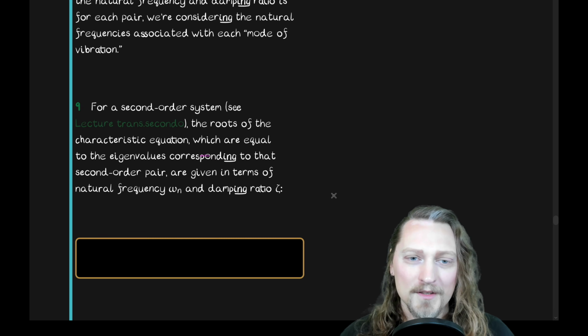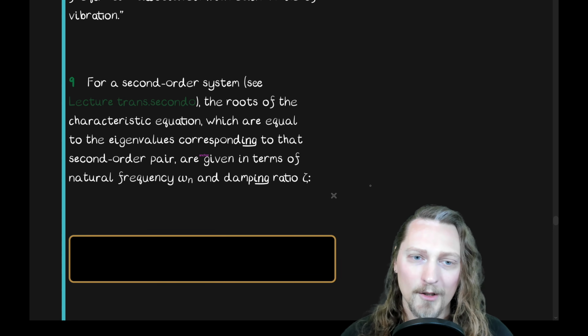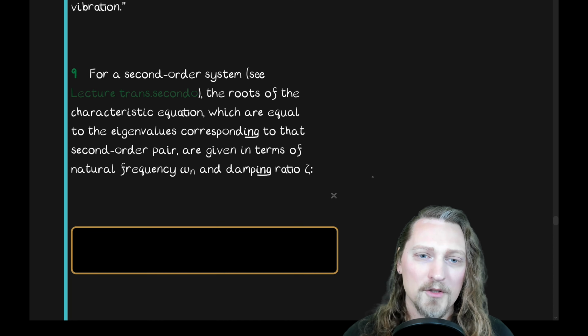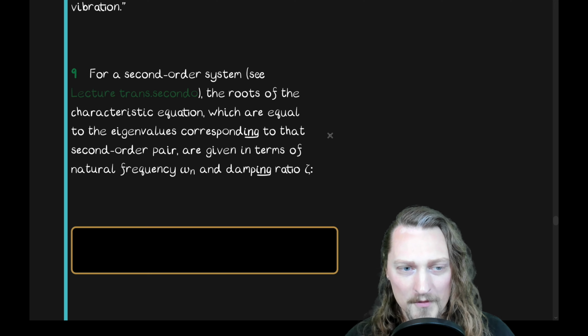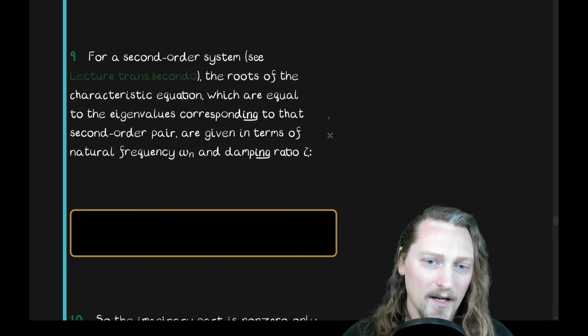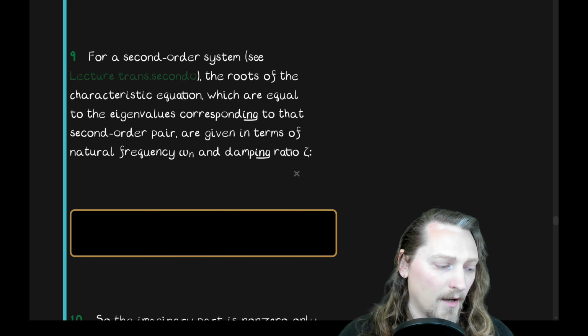For a second order system, so you can go back and look at the second-order lecture, the roots of the characteristic equation, which are equal to the eigenvalues corresponding to the second order pair, are given in terms of the natural frequency omega n and damping ratio zeta. So that means we have a natural frequency and a damping ratio for each of these modes.